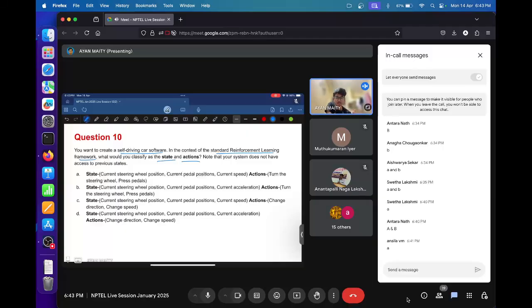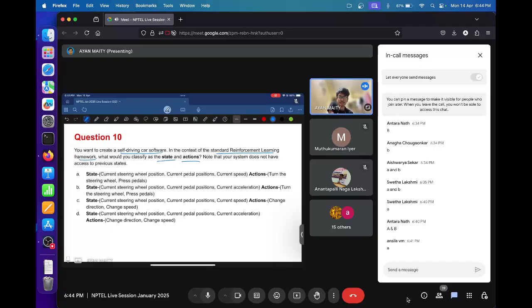All the pedals, including the accelerator, all three pedals. It should know the positions of all three pedals so that it can take actions based on the positions of those pedals. And the third thing that it should know is the speed of the vehicle. Based on that, the agent can decide whether it should accelerate or decelerate. So current speed is the third information that the state should contain.